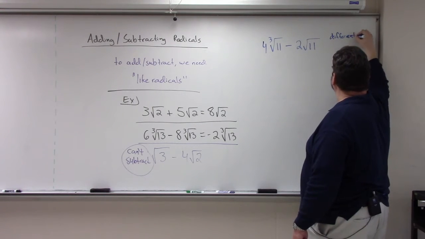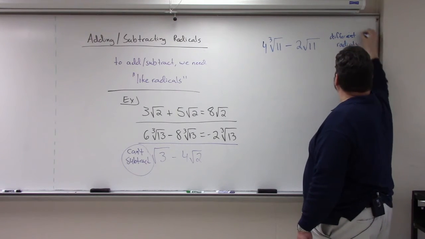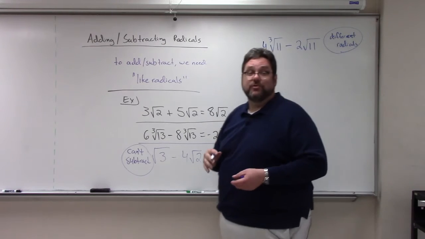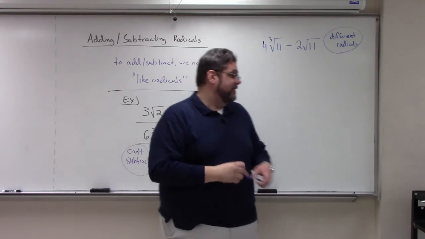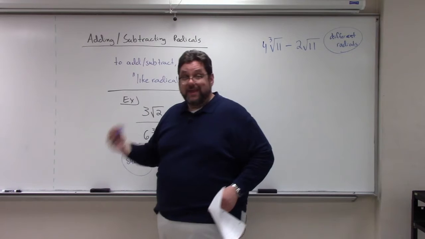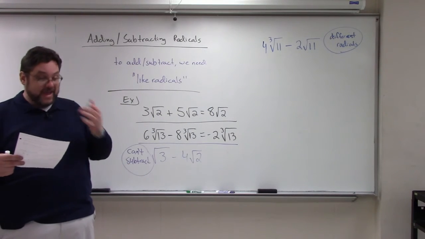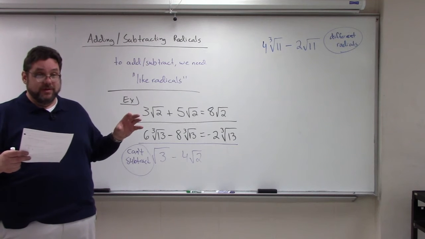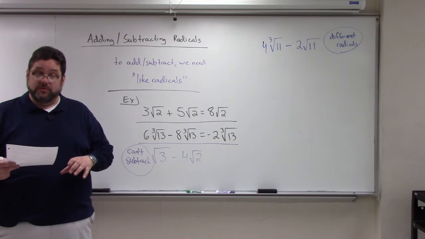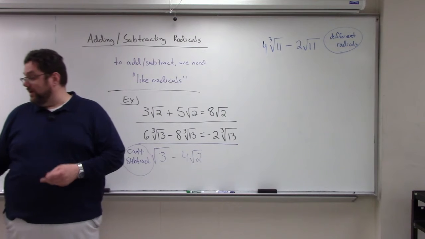Different radicals. Okay, I can't add or subtract those either. So basically the idea of adding and subtracting radicals is if we have the same root and the same number under the root, we can add and subtract the numbers out front.